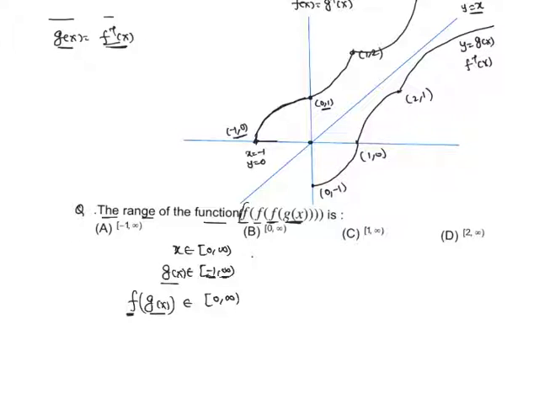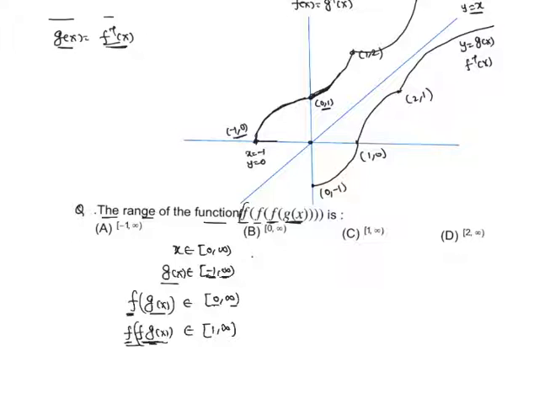Again if I apply f, the value of the previous result is the closed interval 0 to infinity. Now we see the f graph again from 0 to infinity, so the value of f is 1 to infinity. So we can say it belongs to the closed interval 1 to infinity.